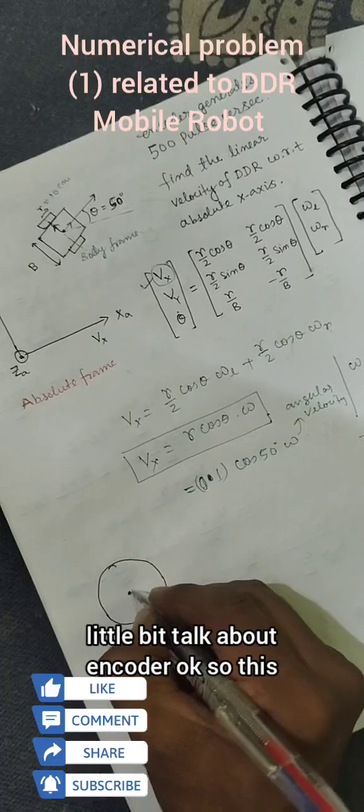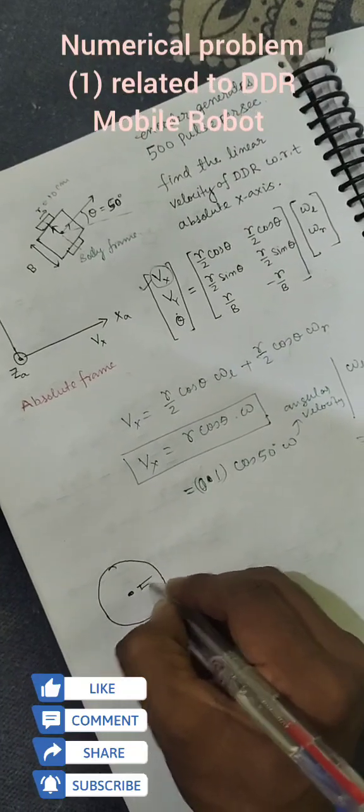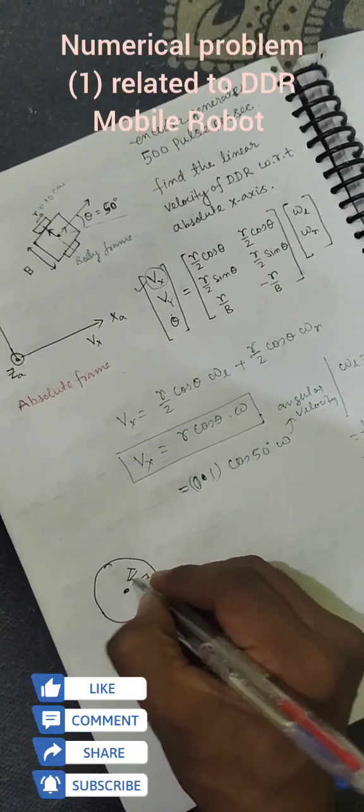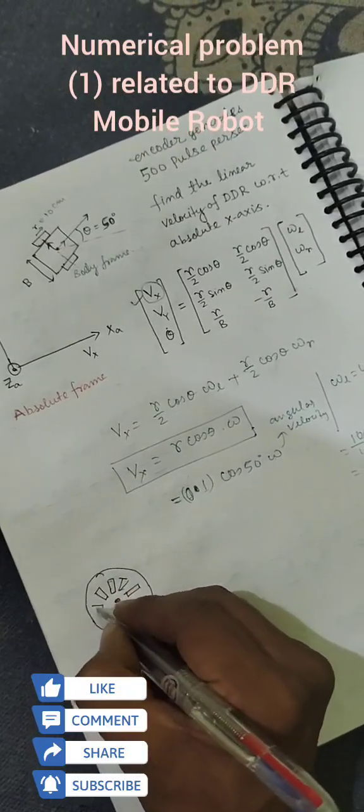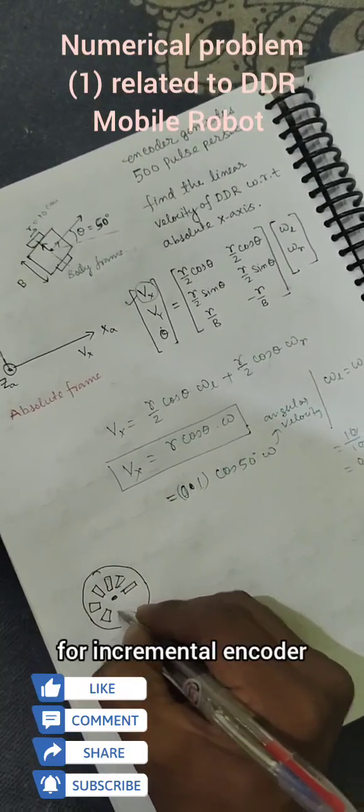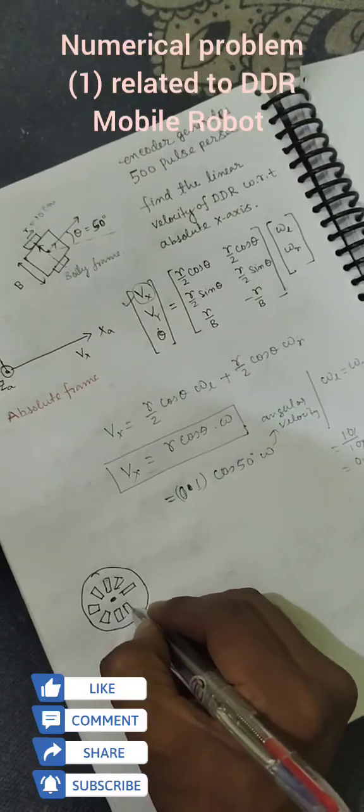So this is the encoder and these are the slots, for an incremental encoder.